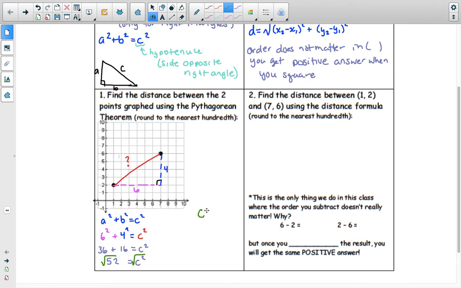So c will equal the square root of 52. This would be an answer, but it does ask us to round to the nearest hundredth. So we put it into our calculator, and we get c is approximately, because we're rounding it, 7.21 units. Make sure you say that it is in units, because we don't know the actual units. This is our final answer.